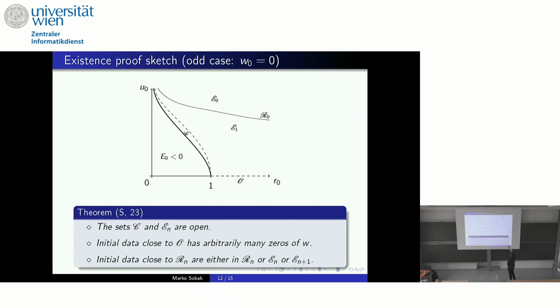So then you are going to be in E1, and you can play the same game inductively. You take your infimum over E1 in union with R1, that lands you in R1, and so forth. You can get a solution which is asymptotically flat, regular, global, and has n zeros of W.